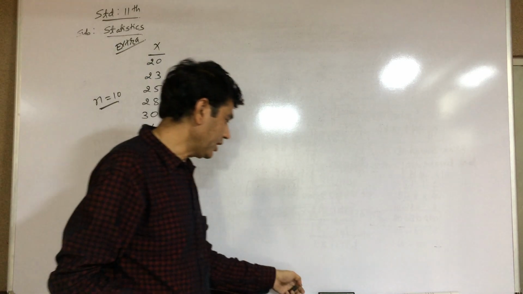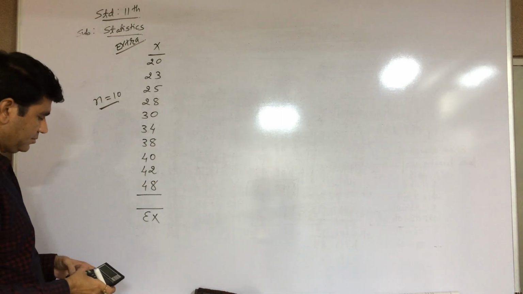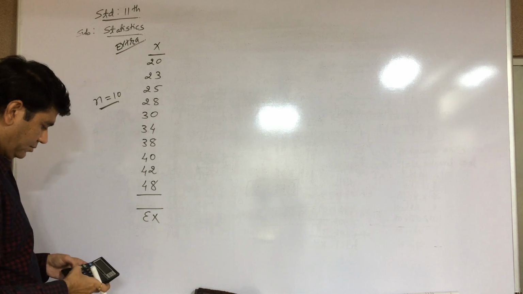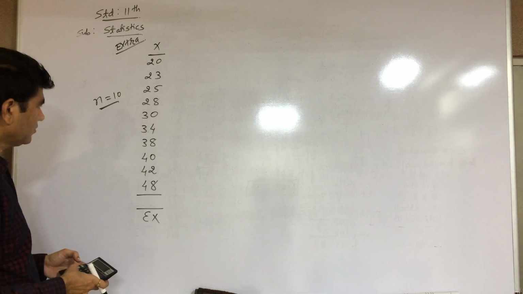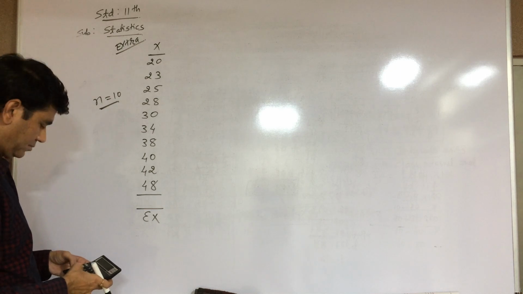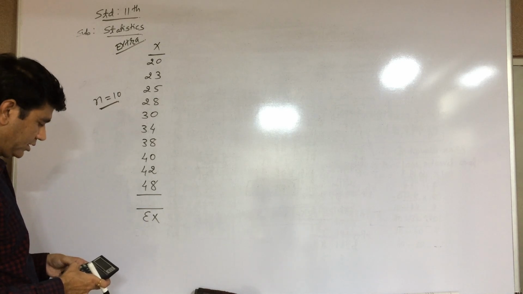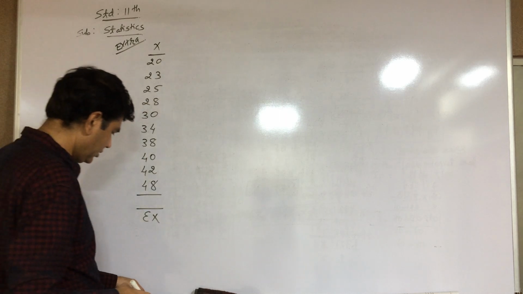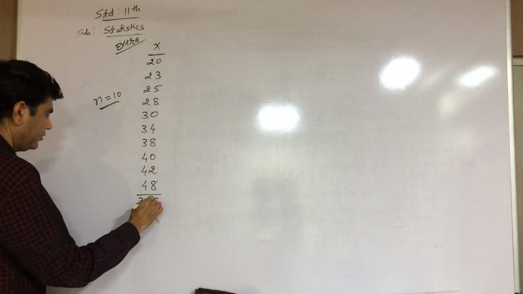With the help of calculator we find the total of observations. You try yourself in your calculator. So I think total is 328. Verify with your total.